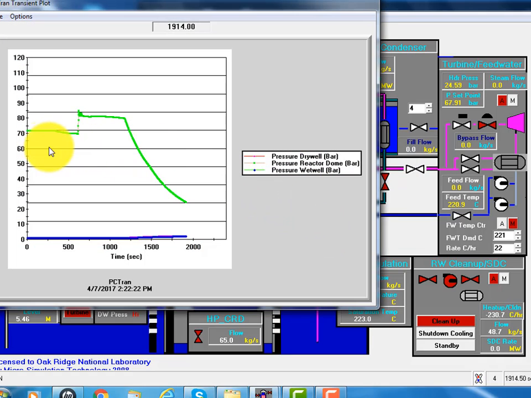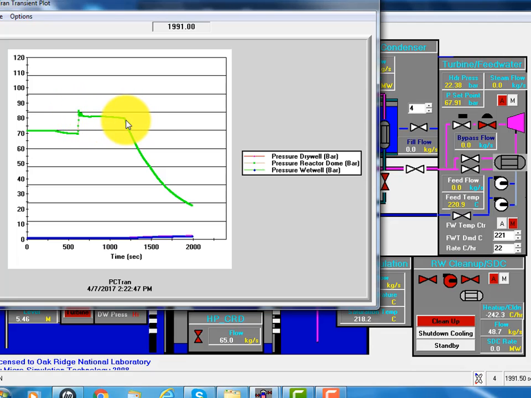See, originally we operate at 70 bar, and because of the loss of AC power and reactor shutdown, and main steam isolation valve closed, the pressure went up. And because the relief valve opened and isolation condenser cooling, it slowly goes down.